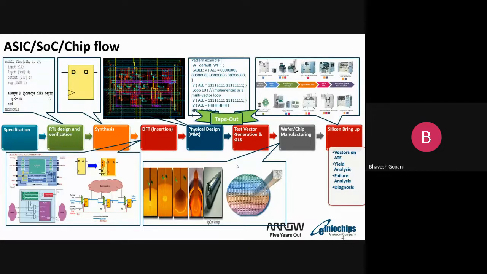So the next one would be silicon bring up. Once the wafer is ready, the next step is silicon bring up. So in silicon bring up, what happens? The patterns we generated during the pre-silicon phase, before the tape out, are actually tested on the ATE environment on the different wafers.